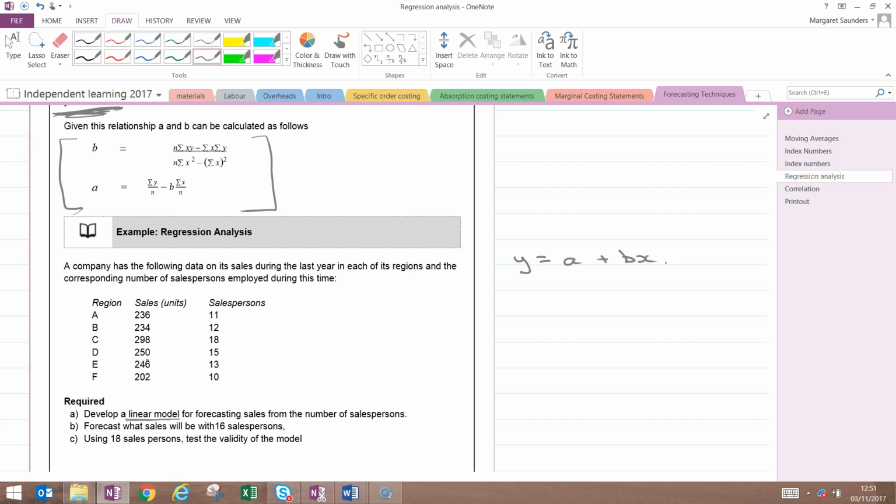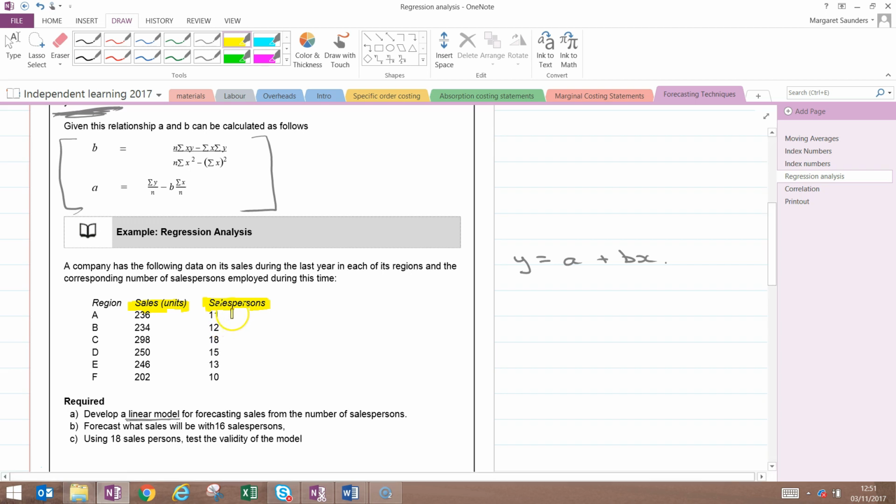So within the information that we've been given in this example, we're using sales and salespersons. One of these will be x, the independent variable, the other will be y, the dependent variable.